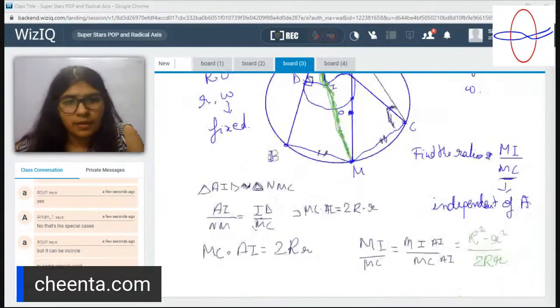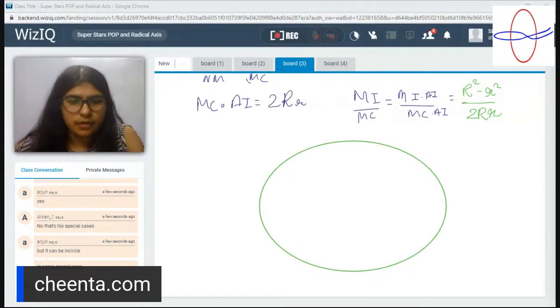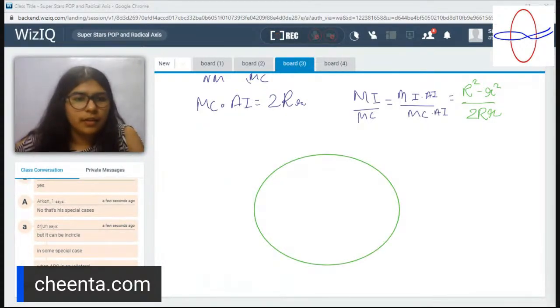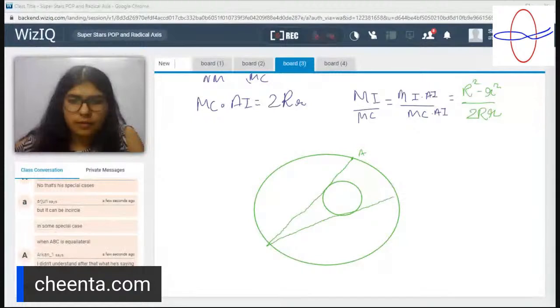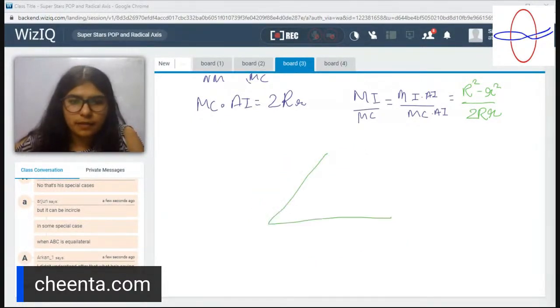Okay, so let me draw your special case. It's like this. Okay, this is an oval, it's not actually flat. We have this omega, take A, B, C. We have its incircle.